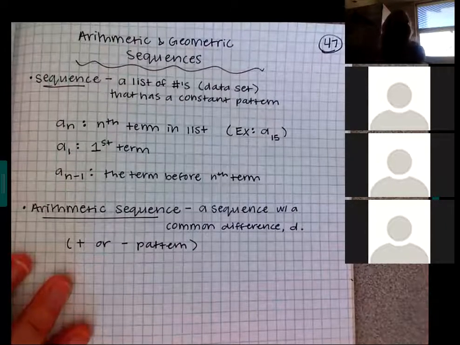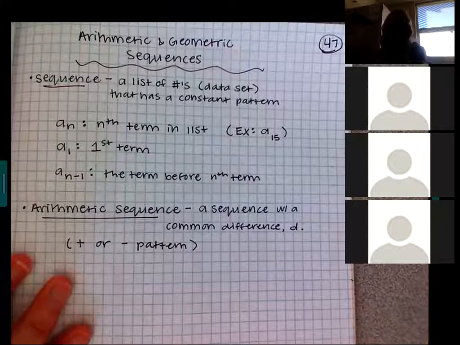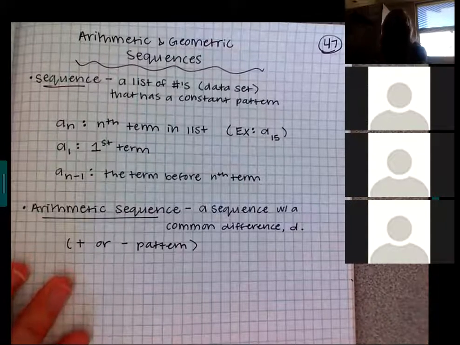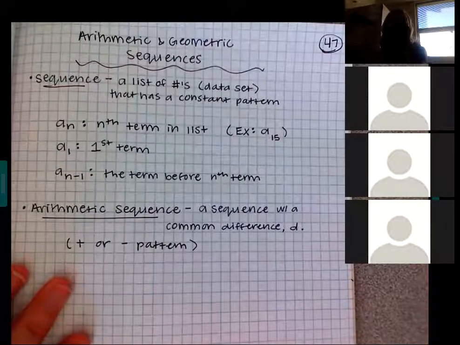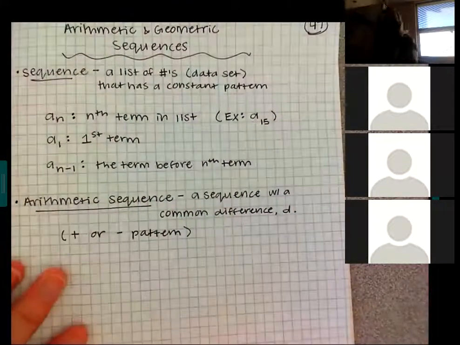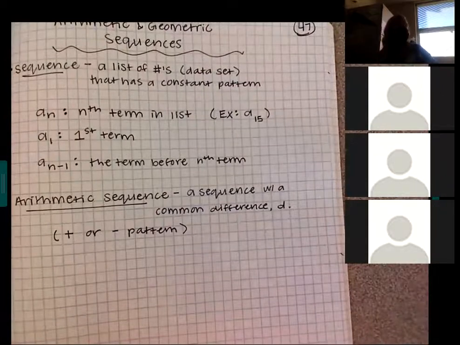Only bad thing about today's notes, it'll be a lot of writing, but the math should not be difficult.